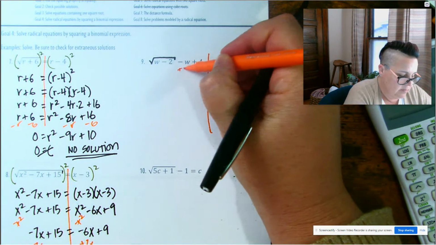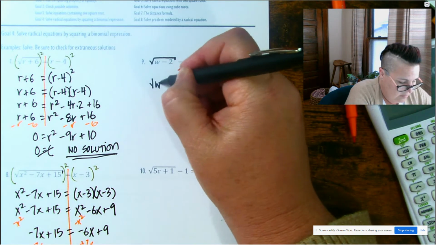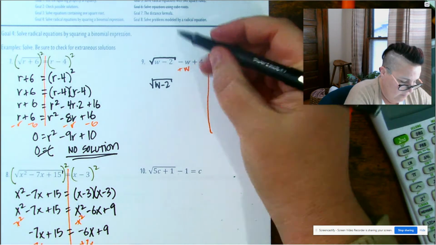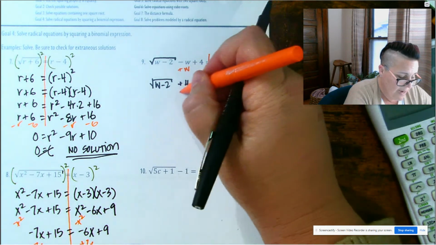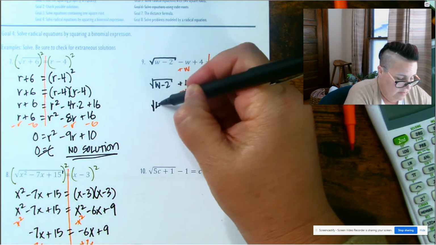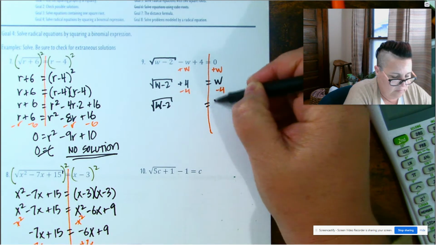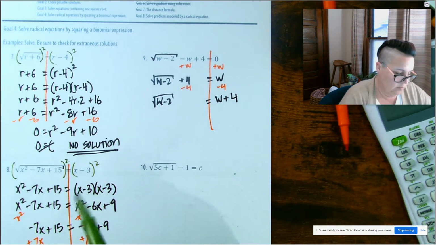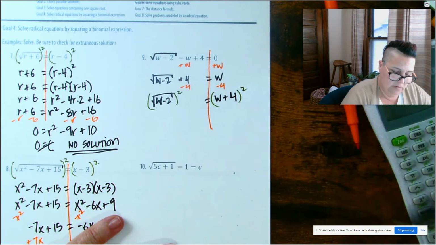So I'm going to add w to both sides, and then I'm going to subtract the 4. So I'm going to have the square root of w minus 2 is equal to w plus 4. I clearly needed more room here. And then we're going to square both sides.